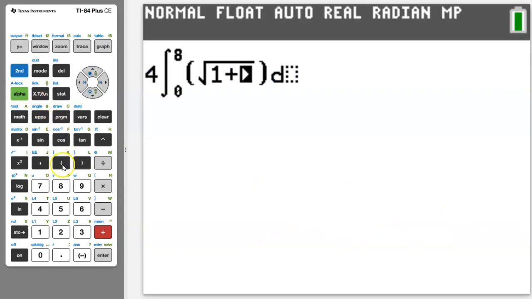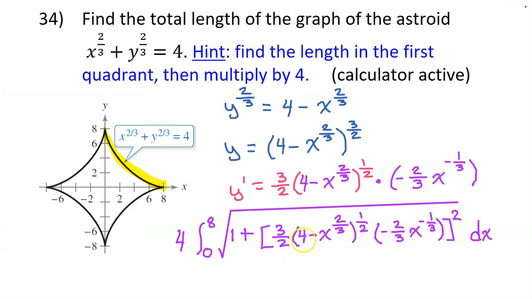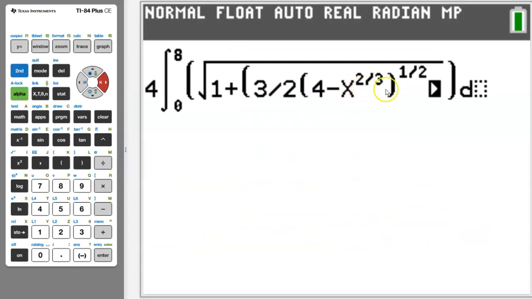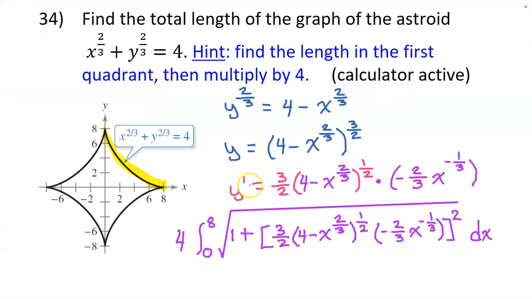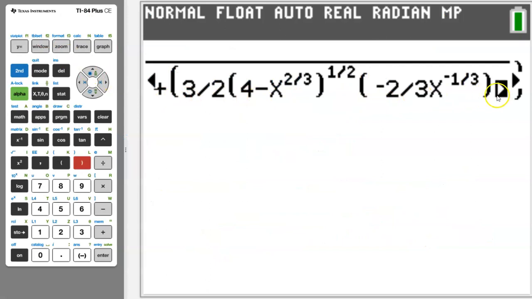So we need to start off with some parentheses before the 3/2. Next comes 4 minus x to the 2/3 power, all raised to the 1/2 power. Looks like this. Next we have negative 2/3 x to the negative 1/3 power. And that looks like this.